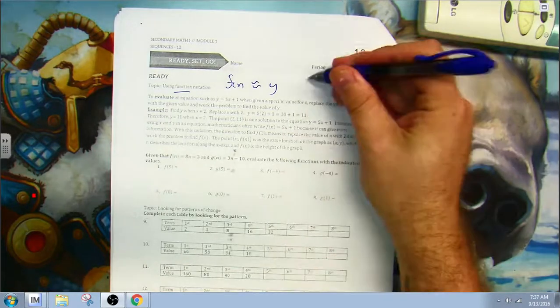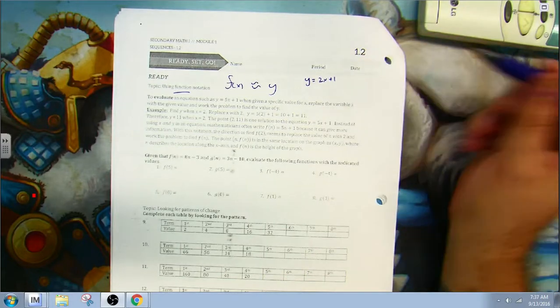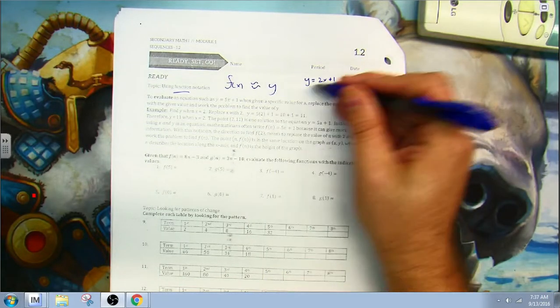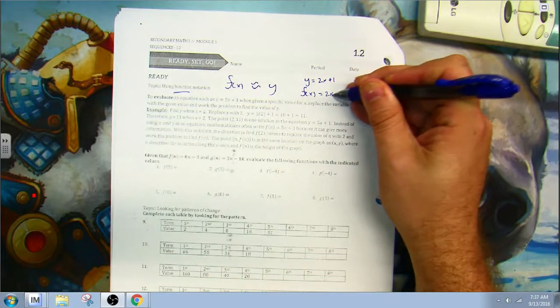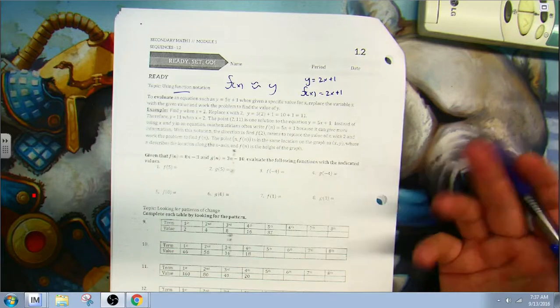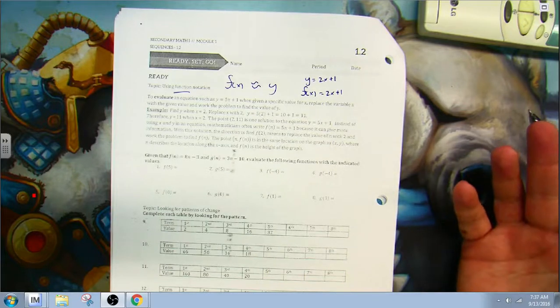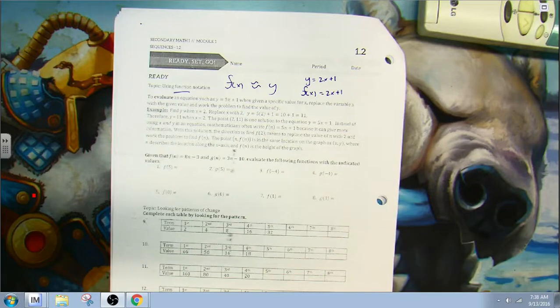For example, we were used to seeing y equals 2x plus 1 or something like that. And instead of this y, I'm going to see an f of x equals 2x plus 1. And it's going to function, just a joke, it's going to function pretty much the same thing as that y, except there's going to be some slight differences in how we show what's going on.